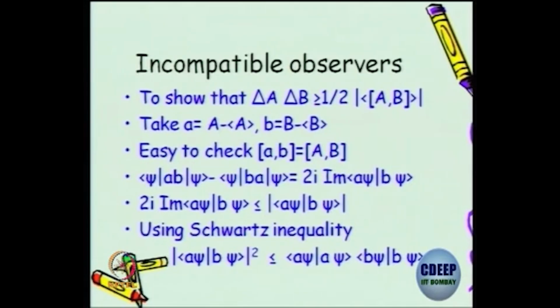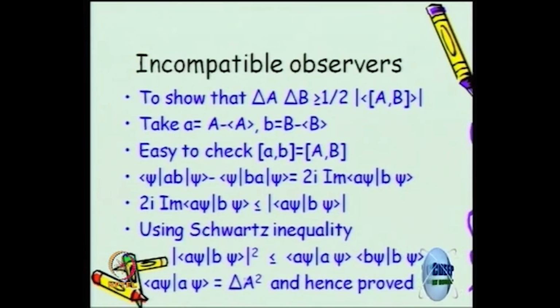What is the Schwarz inequality? The dot product, if you take it, you can show that the modulus squared is less than the product of the norms of the individual states. Is that right? So now you can plug this back into this, and this A psi with A psi is nothing but delta A squared.